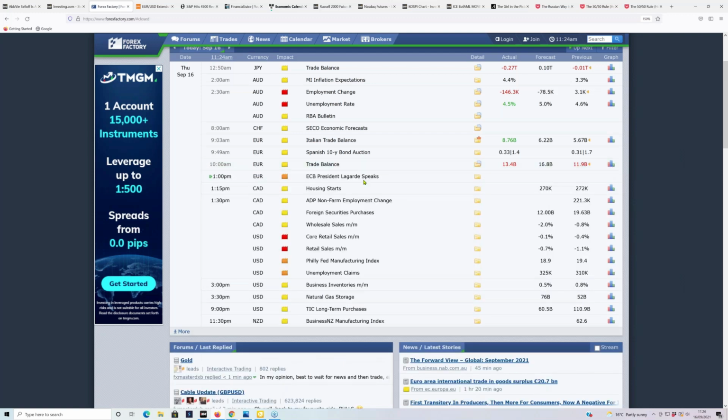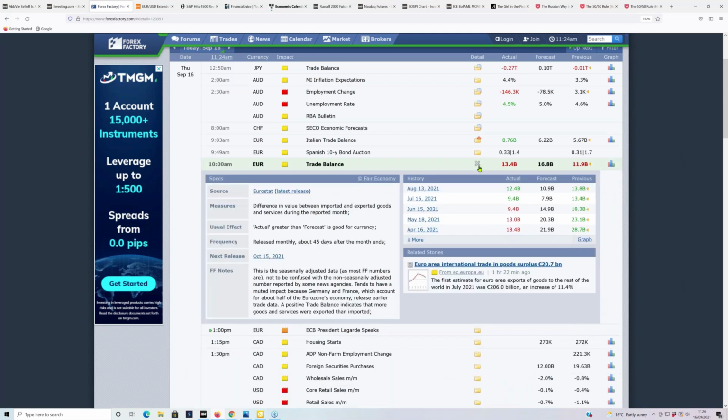Then we've got Lagarde, but the thing about Forex Factory is that it's very selective in what it considers important releases for traders, and for the trade balance as well. They also calculate it in a slightly different way. This is what they call seasonally adjusted.